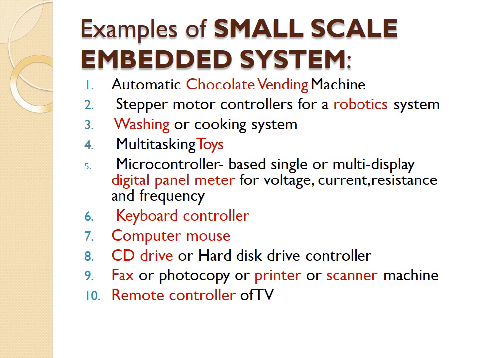The next one is examples of small scale embedded systems: automatic chocolate vending machine, robotics, multitasking toys, keyboard controllers, computer mouse, TV remote controller, fax. These are the basic small scale embedded system designs. As I said earlier, only an 8-bit or 16-bit microcontroller is enough to design a small scale embedded system.